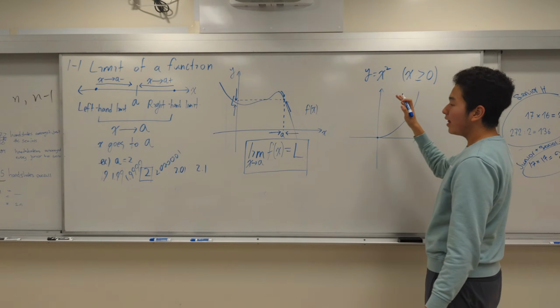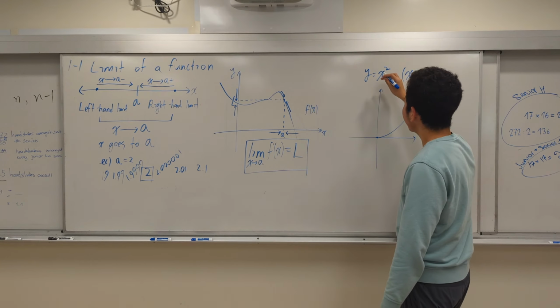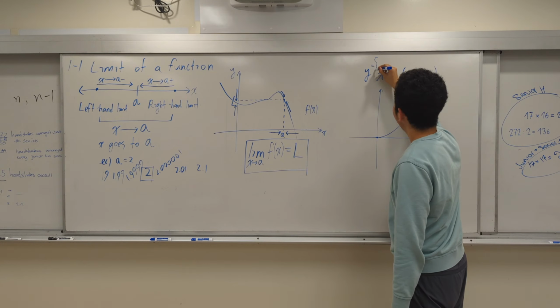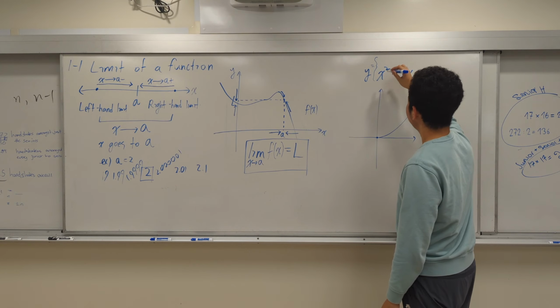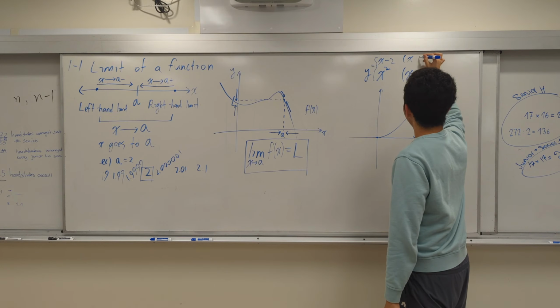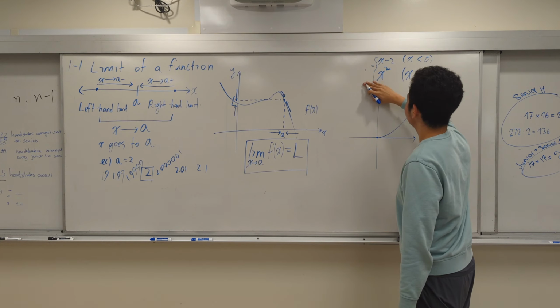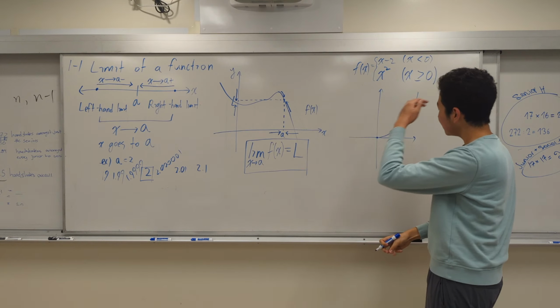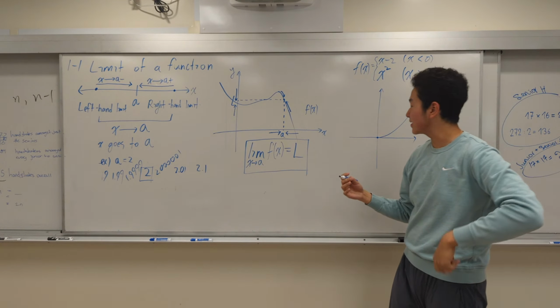And then for elements less than 0, I can say y equals x minus 2 for every element less than 0. So this is what you would normally call a piecewise function, because it's divided into pieces.